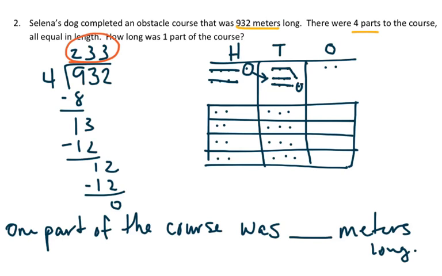I have 1 left. Bring it over to make 10. So I'm going to do these 4, these 4, and those 4. I have 1 left. Bring it over to make 10 ones, and distribute them: 2, 3, 4, and 2, 3, 4, and 1, 2, 3, 4.